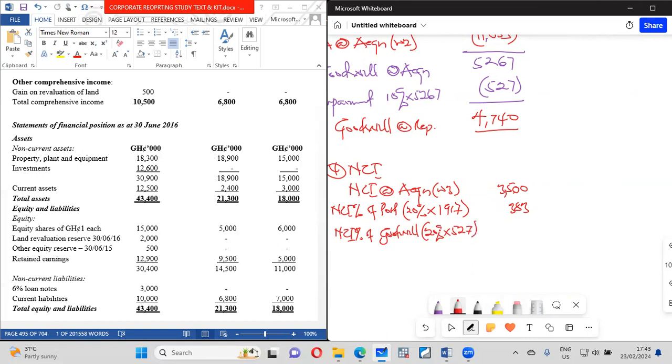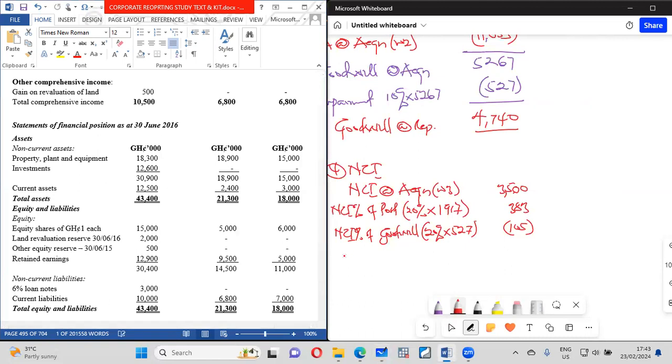So 20% of 527. That one gives me 105.4, so rounded 105. All right, so basically that is that. Is there any other thing?